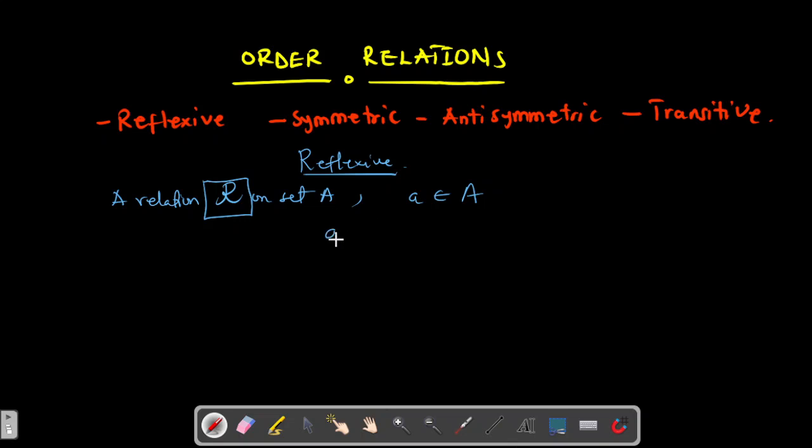So if I have a R a, where a is a member of this set A, then we can see that this is a reflexive relation.